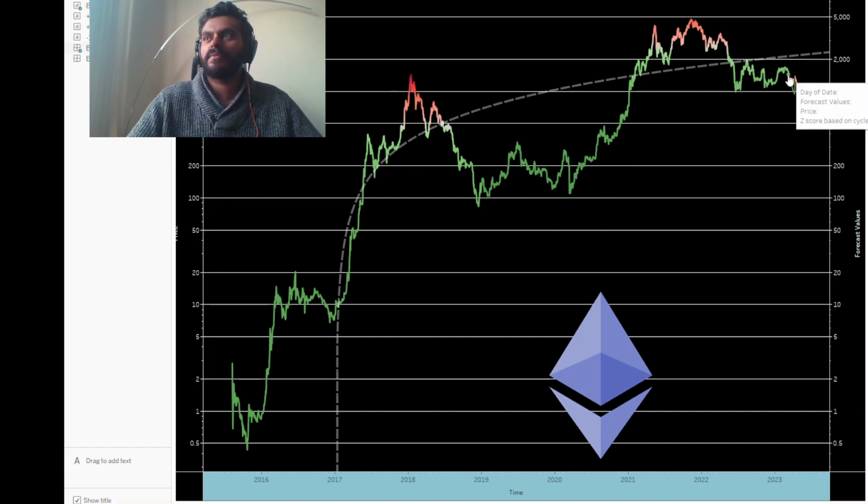Today Ethereum is around 1,440 US dollars, so that is more than a 20% drop being predicted by this model.